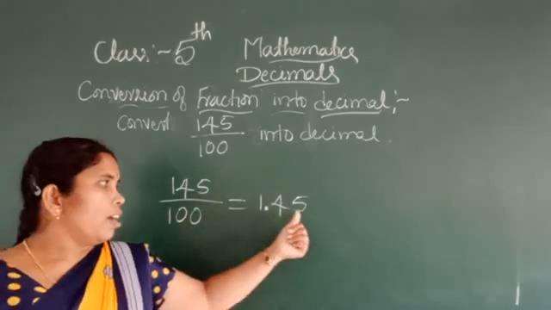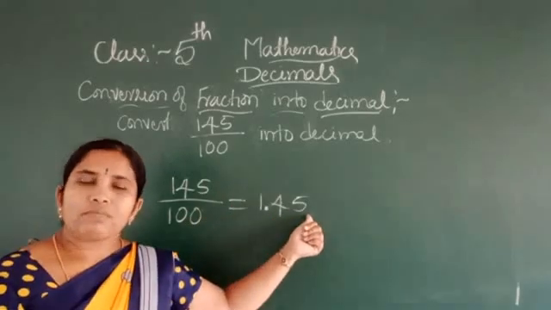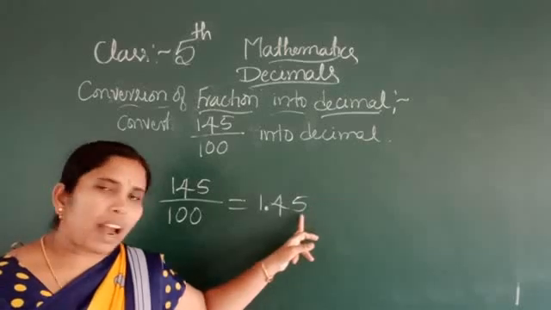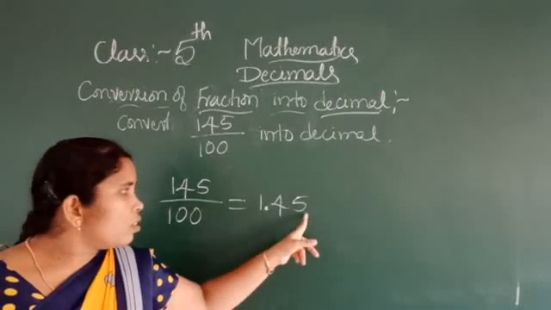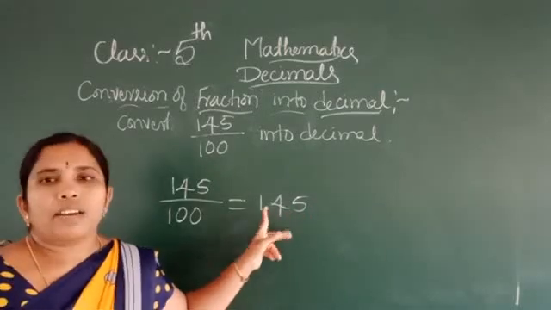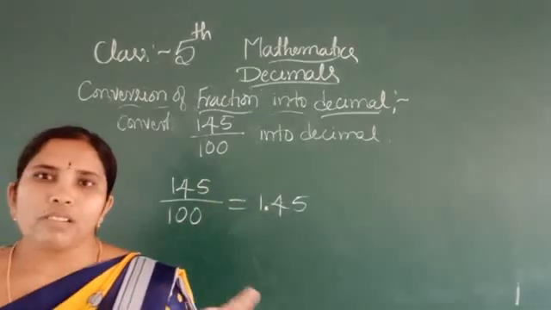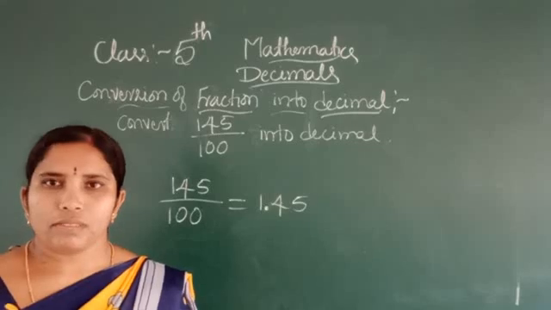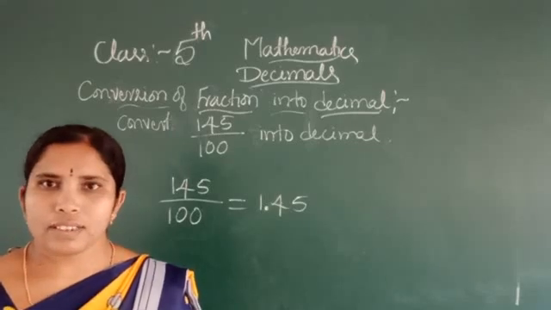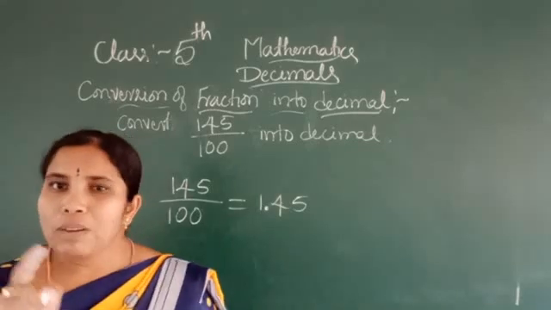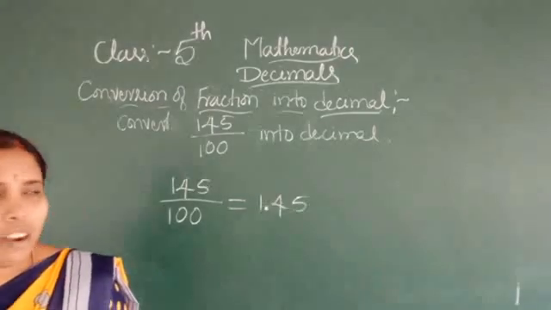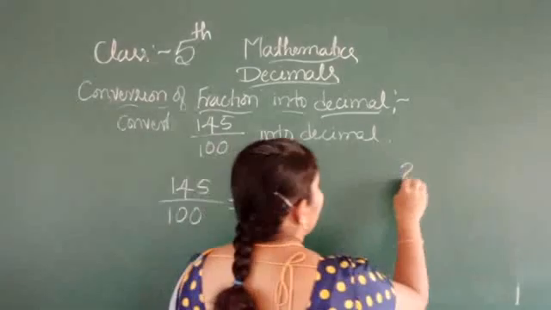So then count from the right side. Put 2 digits after the decimal point. So 1.45. Are you understand? See, one more example.